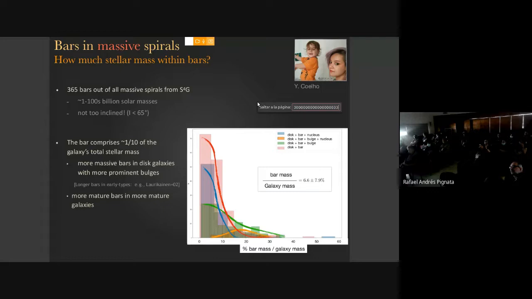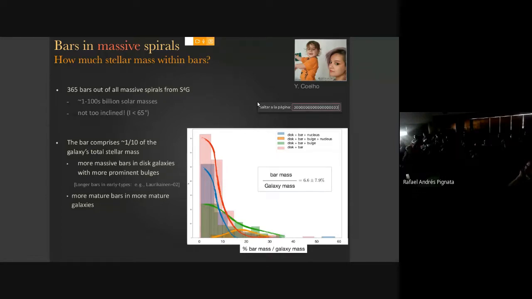For galaxies that are identified as having just disk, bar, and nucleus, the nucleus could be an AGN, it's basically a non-resolved point source. Could also be a nuclear starburst. In orange, you have galaxies that have been described as disk, bar, bulge, nucleus. The orange and the green also contain a bulge.